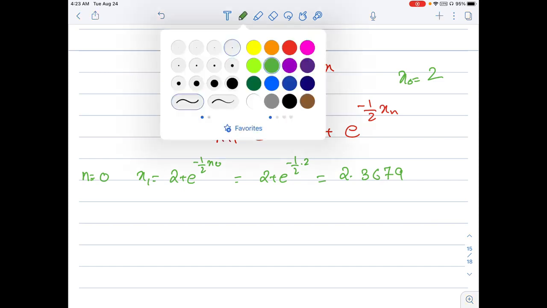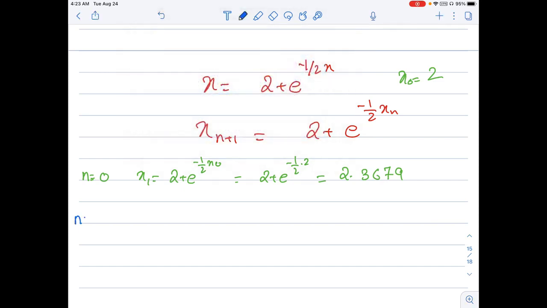Now next I am going to write n is equal to 1. So x2 is equal to 2 plus e to the power of negative 1 upon 2 x1, so 2 plus e to the power of negative 1 upon 2 times 2.3679. Using the calculator, it becomes 2.3061.